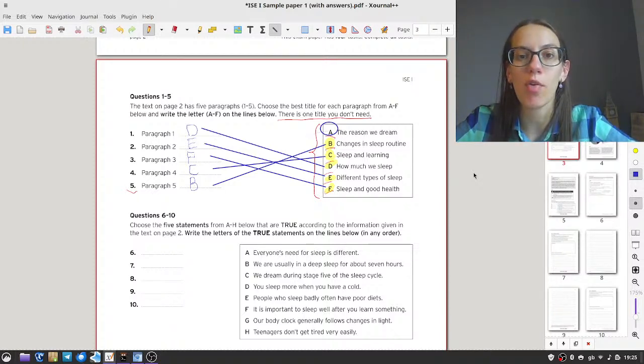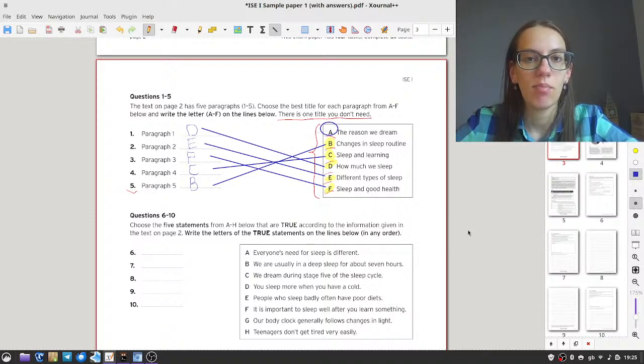And the whole paragraph is not about dreaming. It is about different types of sleep, different stages of sleep. So I'm happy with this. A is the title that we did not need, and we are not going to put it anywhere in our answers. So in your answer sheet you put D, E, F, C, B.